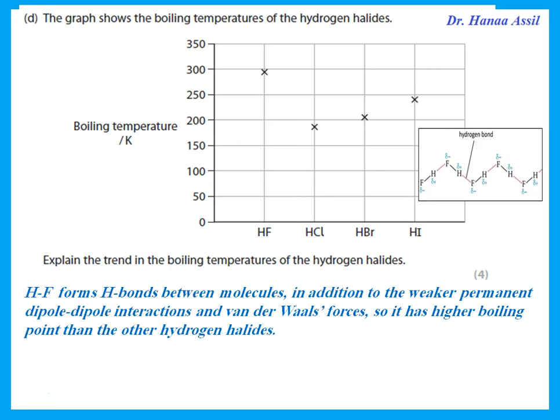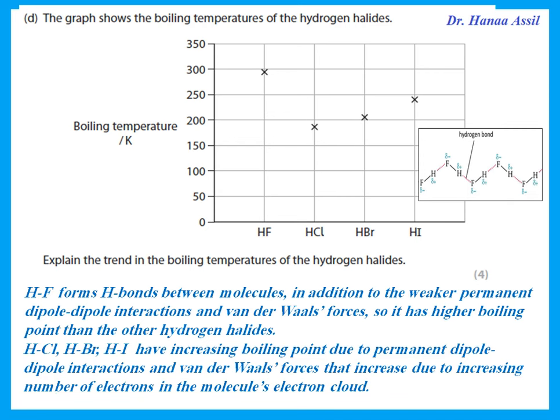So HF forms hydrogen bonds, and this is much stronger than the other interactions. The weaker permanent dipole-dipole interactions and van der Waals forces are weaker than hydrogen bonds. So the one that forms hydrogen bonds has a higher boiling point than the other hydrogen halides.